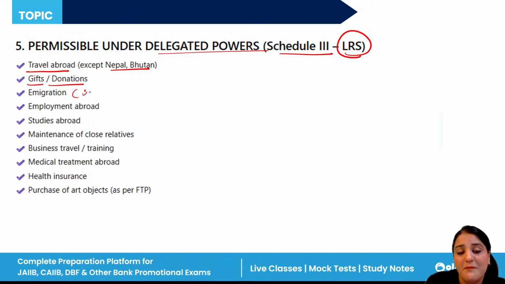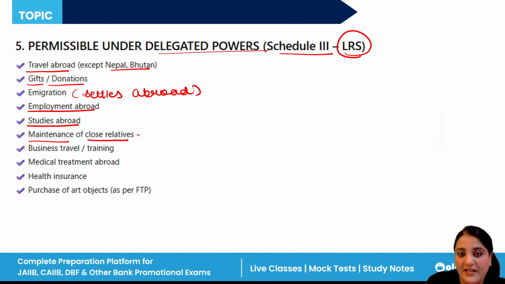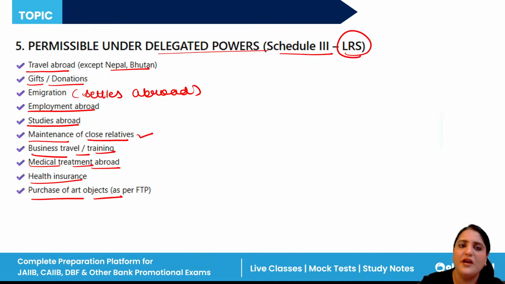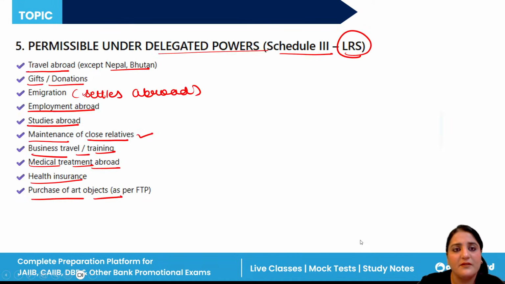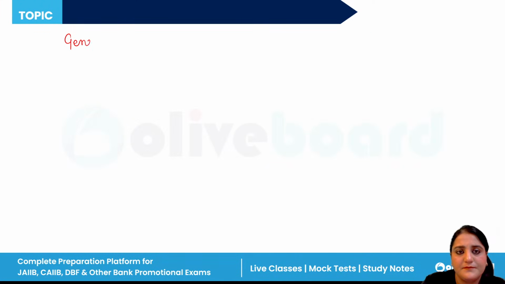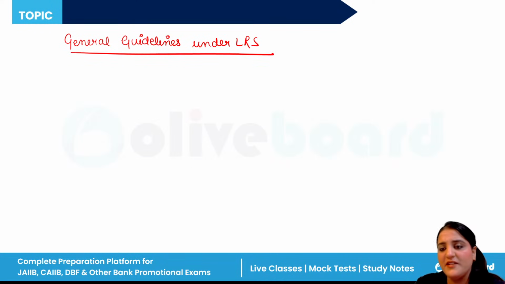If someone permanently settles or moves abroad, employment abroad, studies abroad, maintenance of close relatives, business travel, training, medical treatment abroad, health insurance, purchase of art objects, all these are allowed under Schedule 3rd, right? But there are some general guidelines under the LRS. What are these general guidelines?